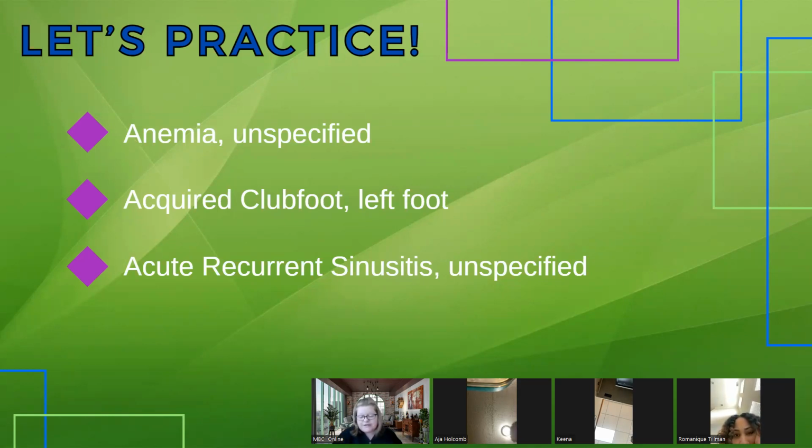And if y'all notice, anemia goes on for pages in the alphabetic index. There are a lot of different types of anemia that affect a lot of different types of the body. So let's see. Yep, I'm not seeing the word unspecified in there.